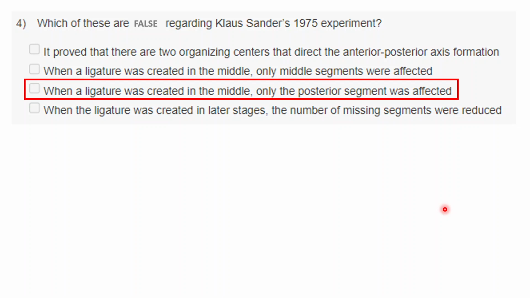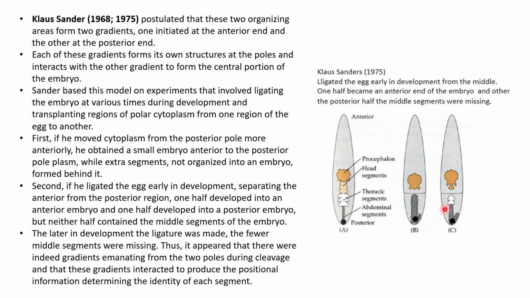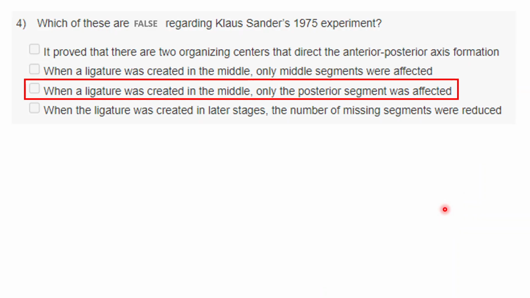So option 3 is the only correct answer, because Claus-Sanders experiment actually did prove that there are two organizing centers that direct AP axis formation. So this is not a false statement, Simontini. Statement 3 is a false statement, but statement 1 is a true statement.